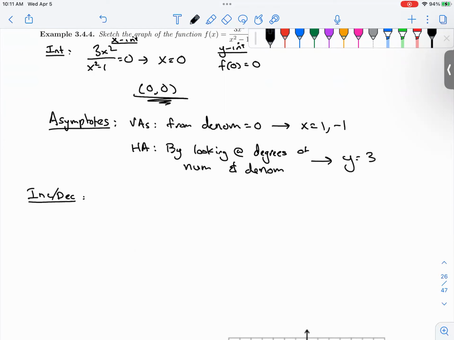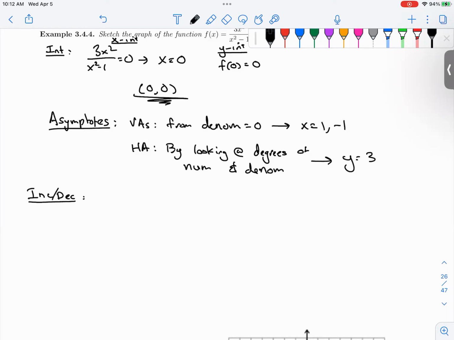Sure. So Leslie's asking me how I found the asymptote, specifically the horizontal asymptote. I was looking at the degrees of the numerator and the denominator. That's doing it the old-fashioned way, which is from Math 126. And you can also look at some videos on finding horizontal asymptotes of rational functions.